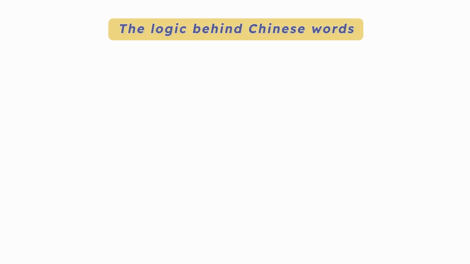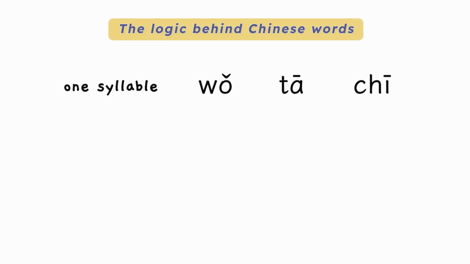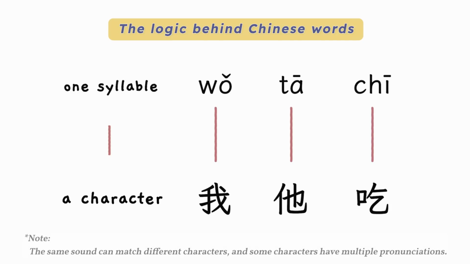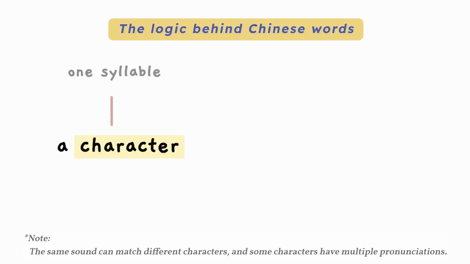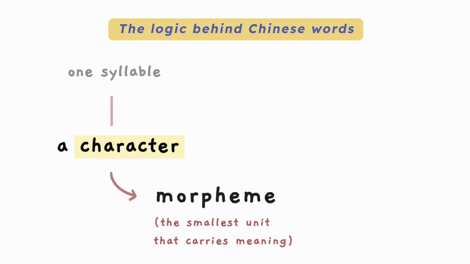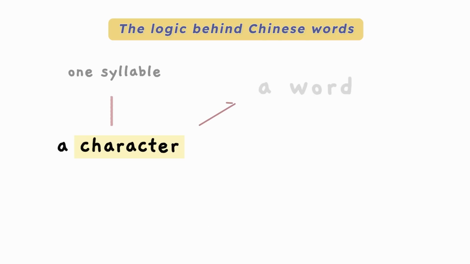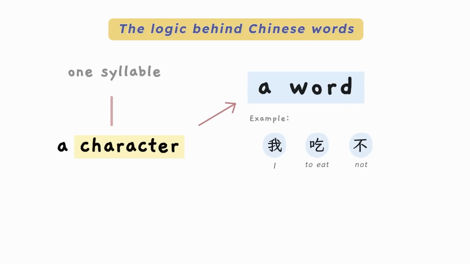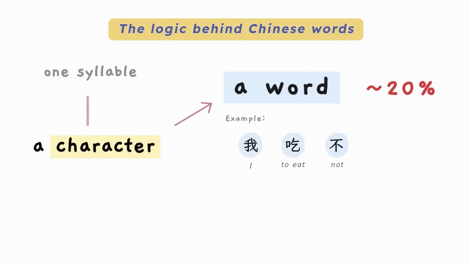Alright, now let's do a quick recap on the logic behind Chinese words. In Chinese, one syllable typically corresponds to one Chinese character. Chinese characters are the basic units of the Chinese writing system. Each character is usually a morpheme, the smallest unit that carries meaning. Some characters can stand alone as words, accounting for about 20% of commonly used words in modern Chinese.